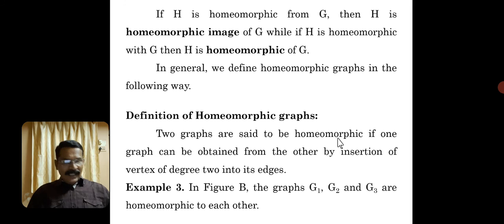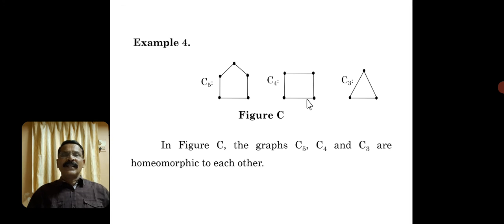Now you can see another very interesting example. Here I have considered three cycles: a cycle C5, a cycle C4 and a cycle C3. How did we get the cycle C4? In one of the edges of C3, I deleted the edge and introduced one vertex of degree 2 in that edge. I got C4. And how did I get C5?